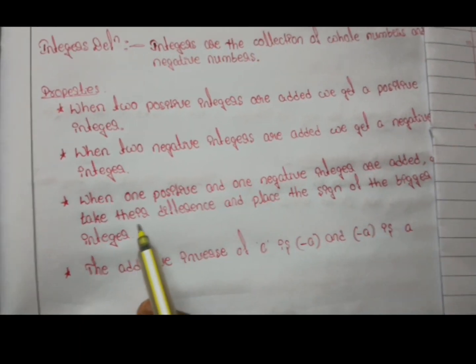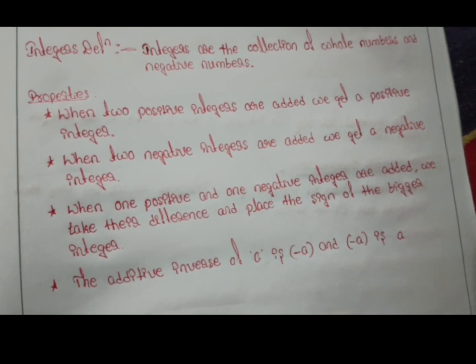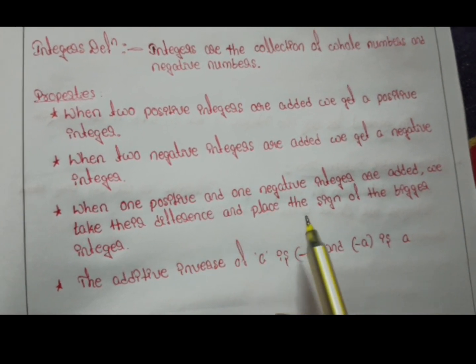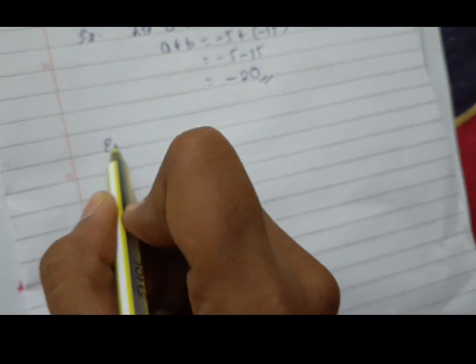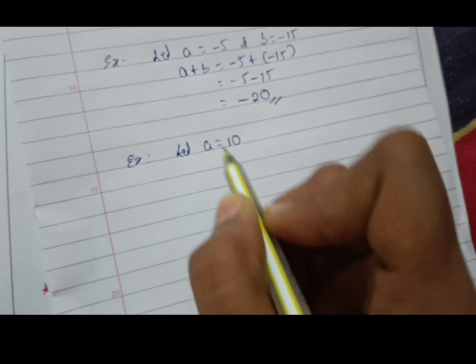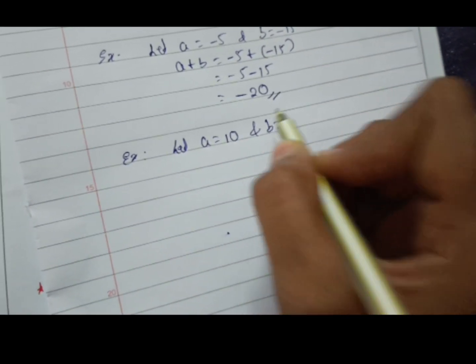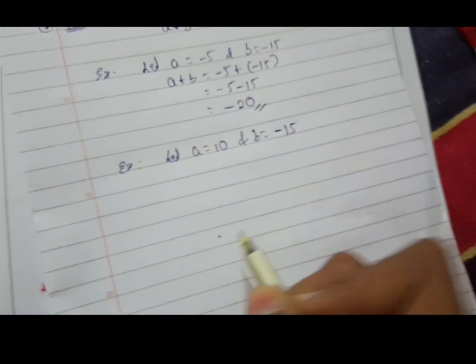Next property, when one positive and one negative integer are added, we take the difference and place the sign of the bigger integer. Okay, let's take one example. Let a is equal to 10. This is a positive integer, and b is equal to minus 15.